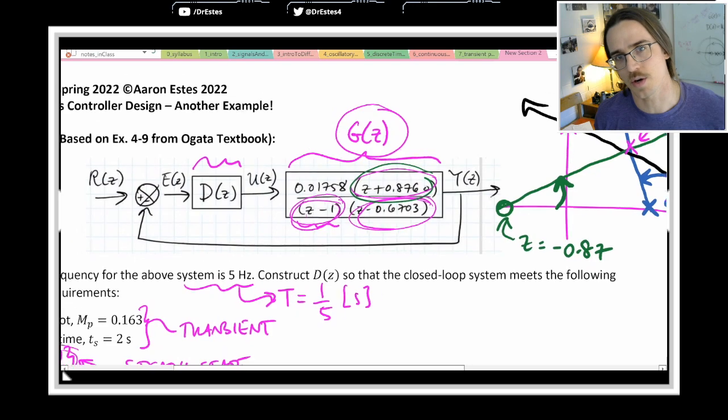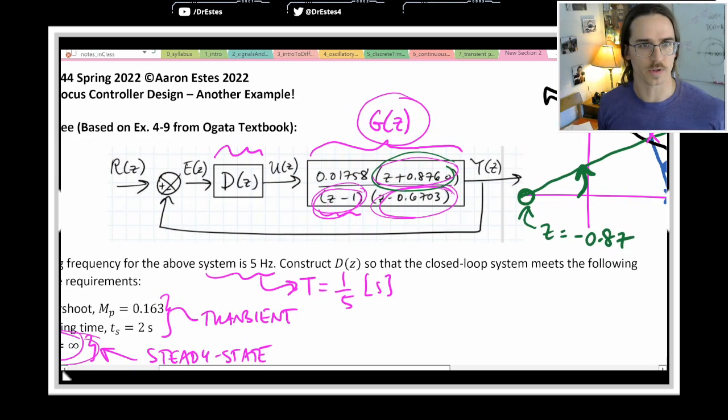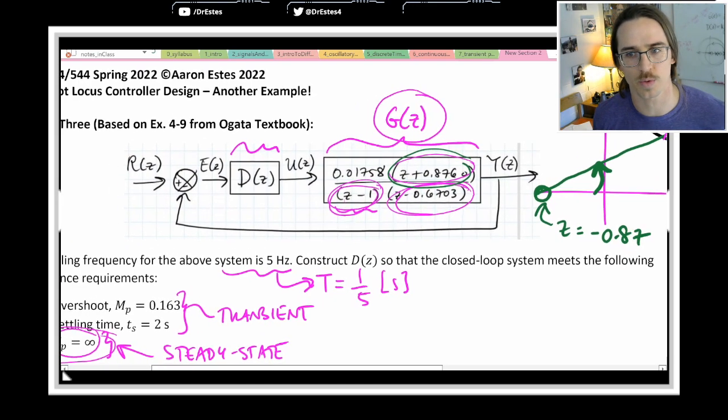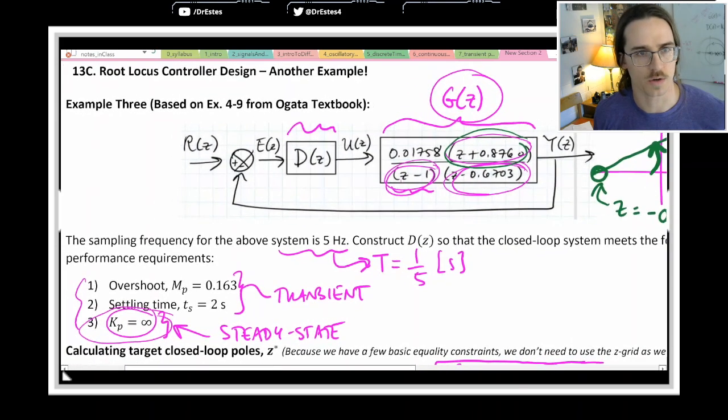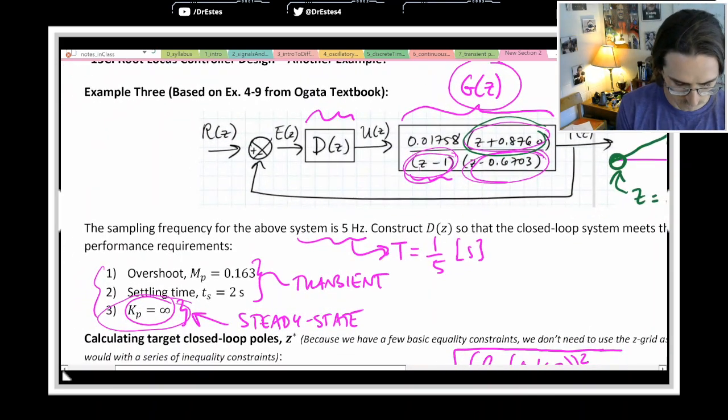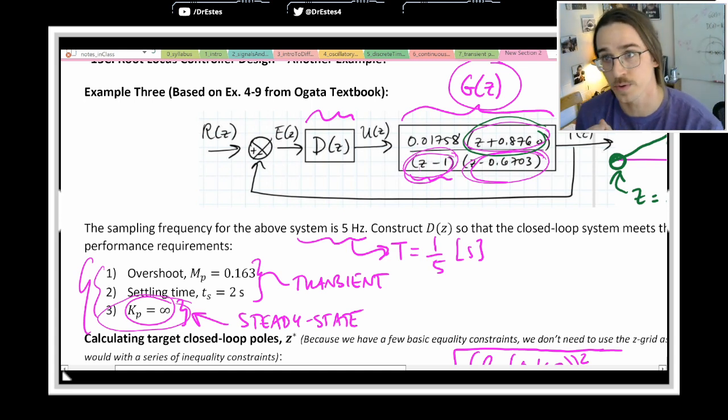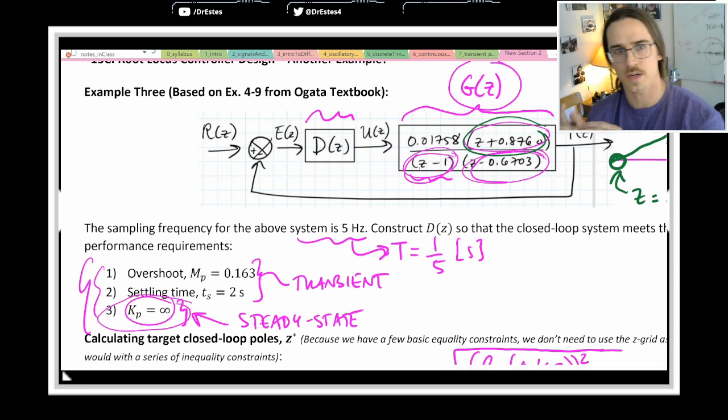The starting point when making a controller is your performance requirements. So we have 3 of them right over here. The first 2 are transient performance constraints. You have to have an overshoot equal to 0.163, settling time equal to 2 seconds.